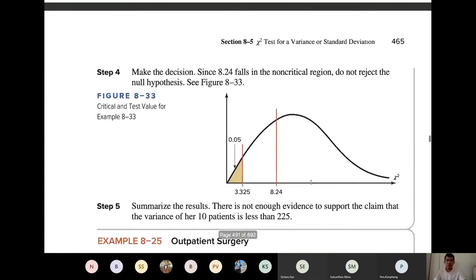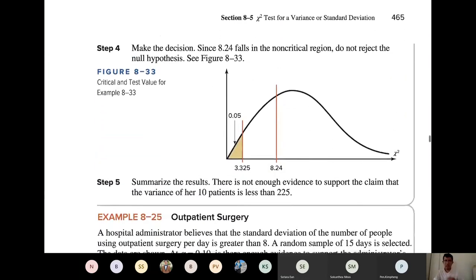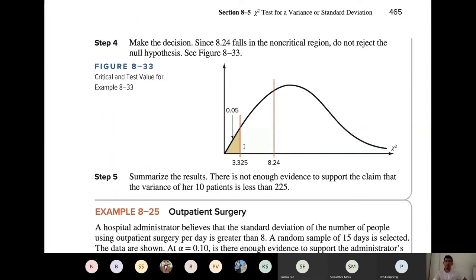And then how to make a conclusion? You can see, maybe it's better to look. You want this area to be 0.05, and then you want to identify this point, right? So how to get this value? You have to look at the chi-square table.